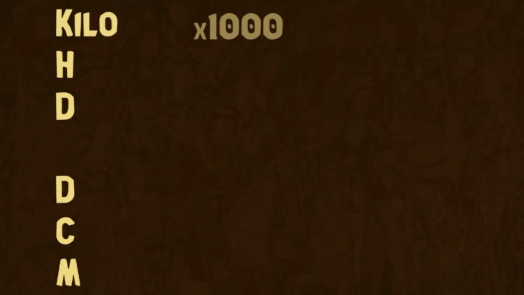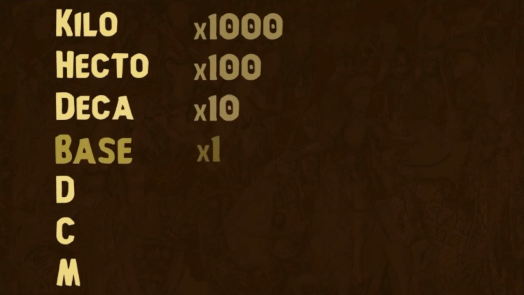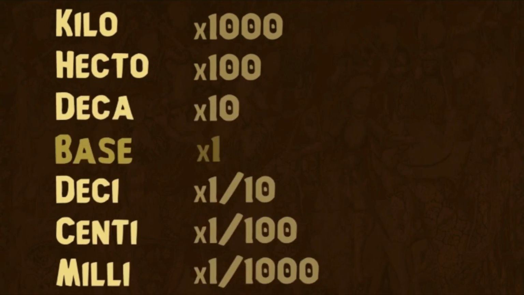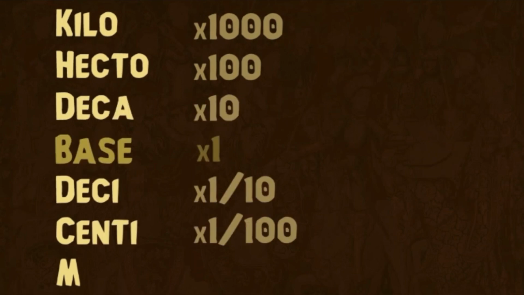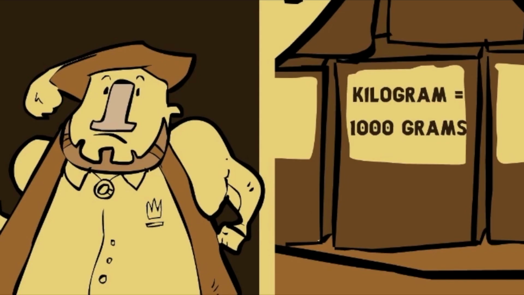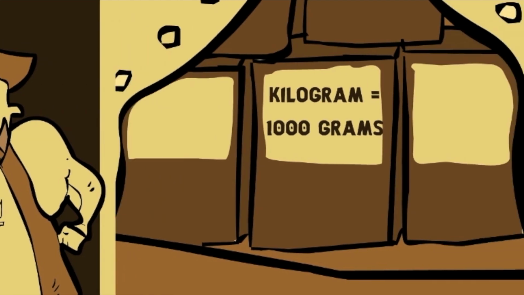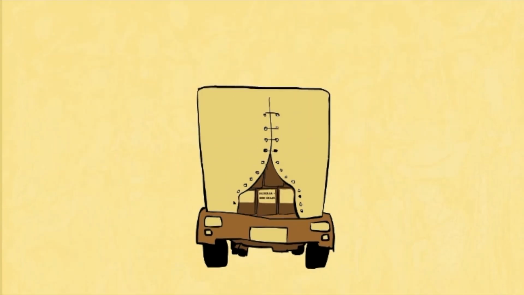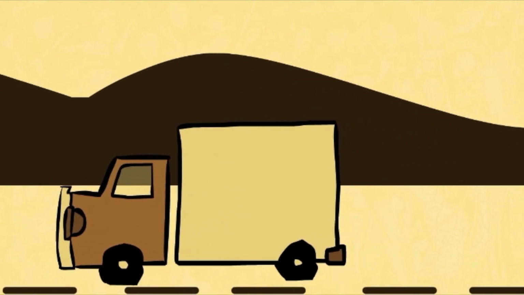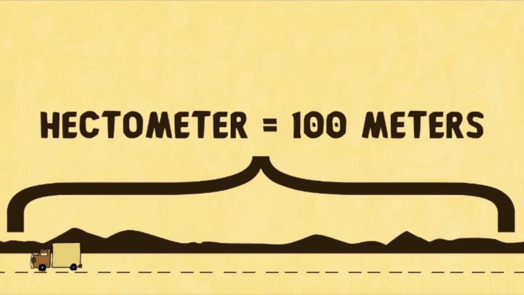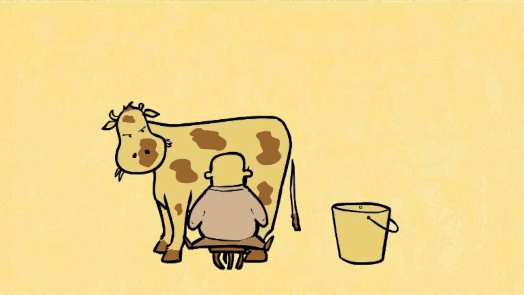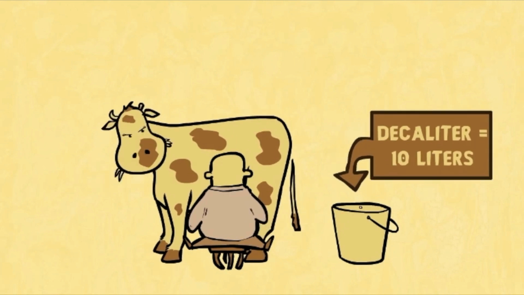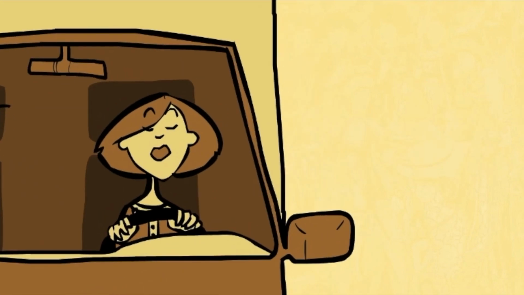It goes kilo, hecto, deca, deci, centi, milli, weight. King Henry ordered cocoa by the kilogram. That's 1,000 grams, we could barely fit it in the van. The driver drove over a hectometer, 100 meters with no AC in the two-seater. I was milking cows by the decaliter in the barn, 10 liters at a time, when I saw the van driver and gave her a piece of my mind.